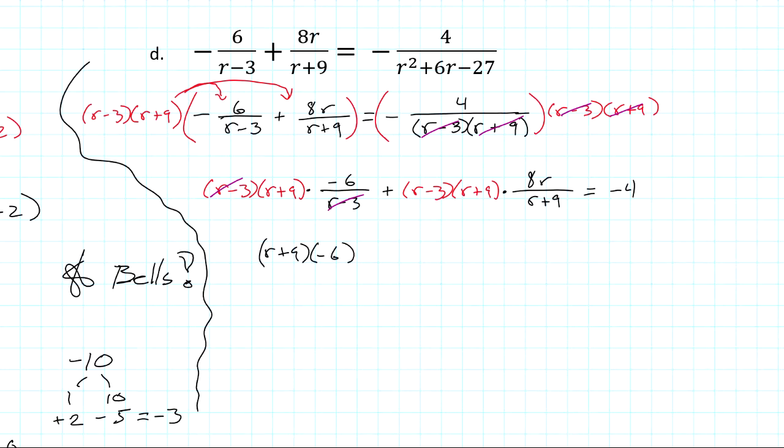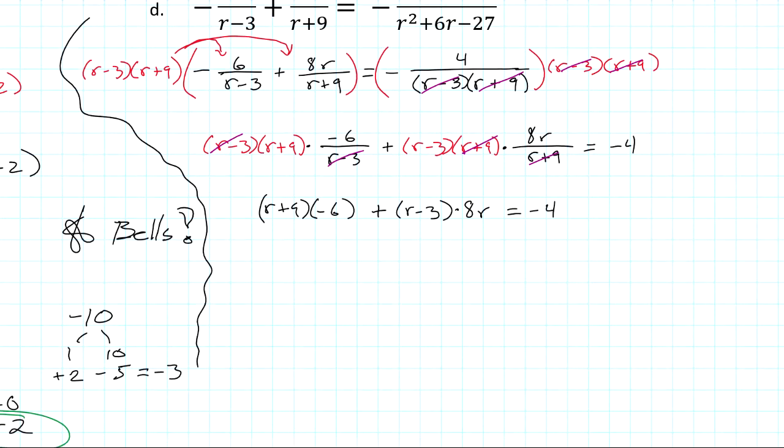Put that negative 6 in parentheses, so we're really emphasizing that that's multiplication, not subtraction. Don't want to have any confusion there. And then plus the second term, we had r minus 3 times r plus 9 times 8r over r plus 9. The r plus 9's can cancel, and we will be left with the r minus 3 times 8r, and then we'll have this equal negative 4.